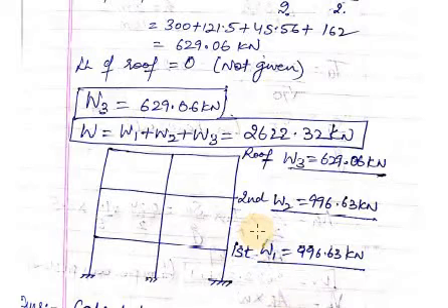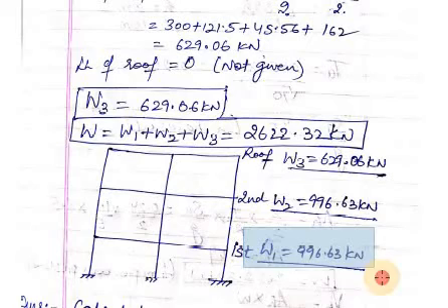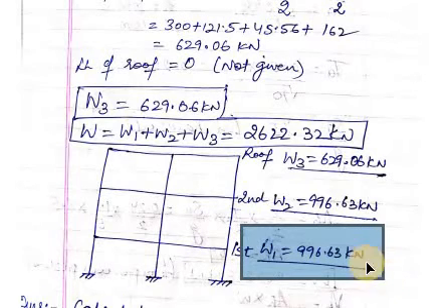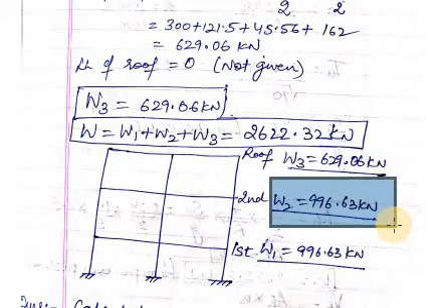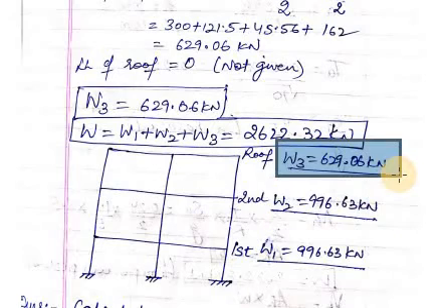We will use the value of W1 as 996.63, W2 again 996.63, and W3, that of the roof, 629.06.